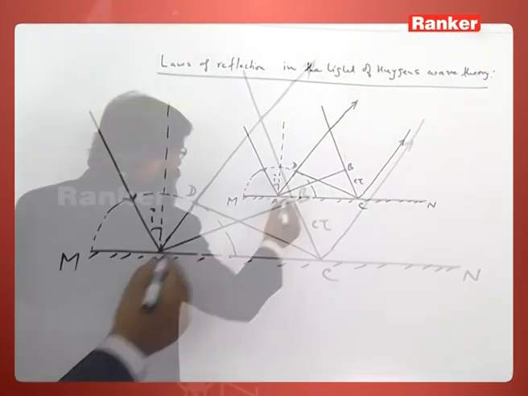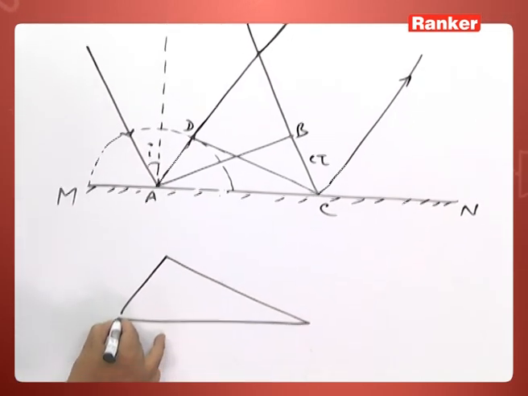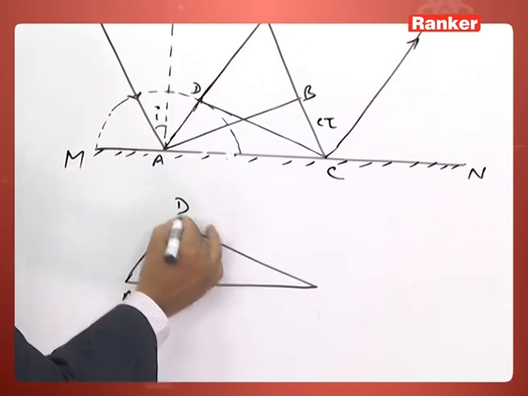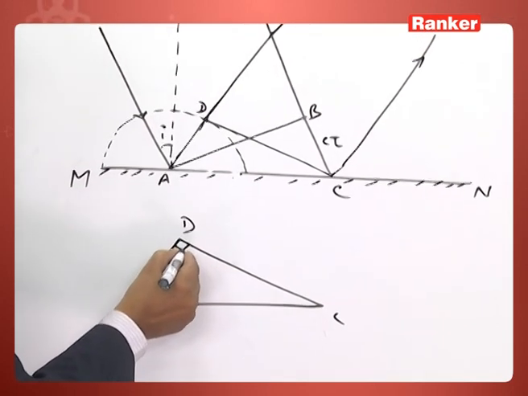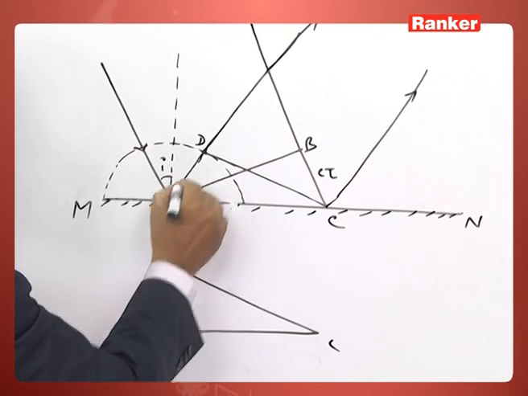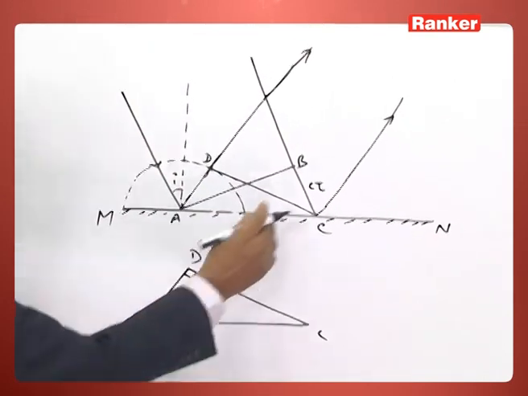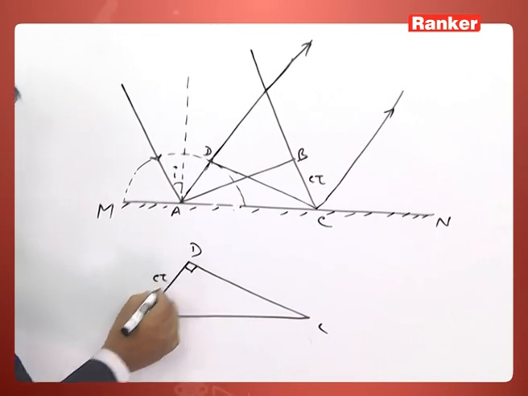Here let us concentrate on these two triangles. This is A, this is D, this is C, this is 90 degrees, this is the wavefront. AD is the radius of the spherical wavefront, which is equal to c tau.